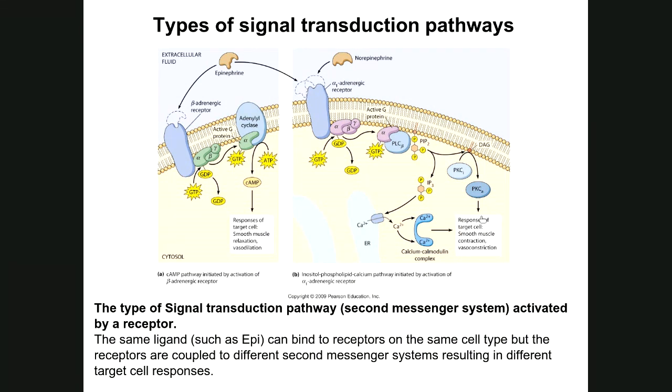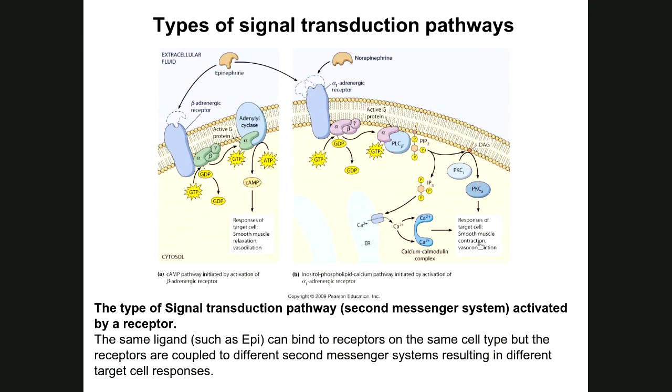Now, we have the same ligand, we have the same class of receptors, yet over here to the left, it says the response by these smooth muscle cells will be to relax. Over here, it says the response by these smooth muscle cells will be to contract.